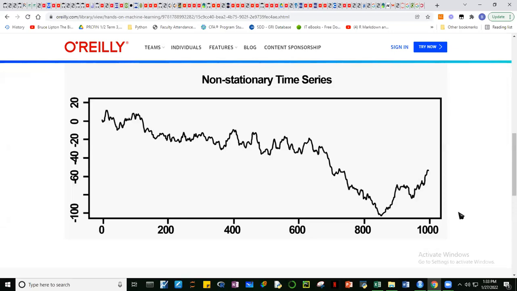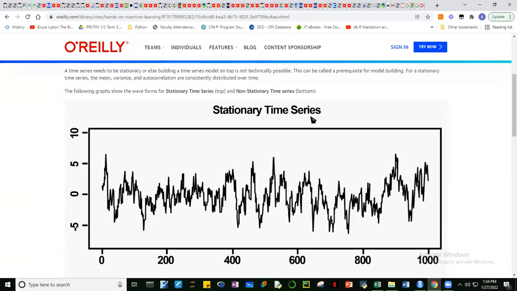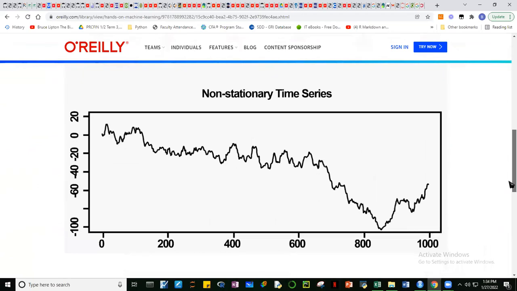It's not constant in mean. Sa variance, hindi naman masyado. Except dito, grabe na yung variation niya. Medyo lumalaki-laki na yung variation niya dito. Okay, so that's an example guys of a stationary time series vis-a-vis a non-stationary time series.